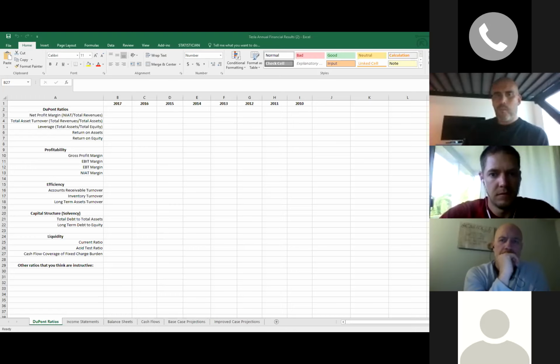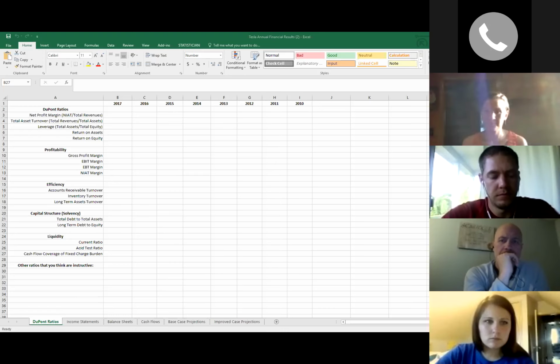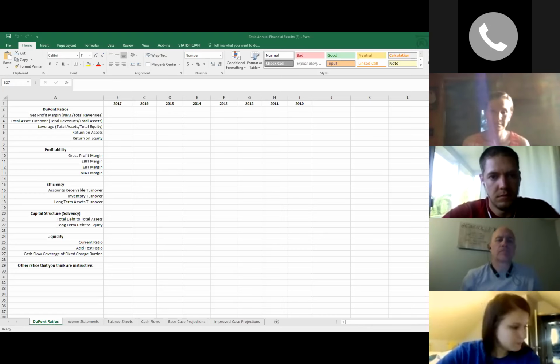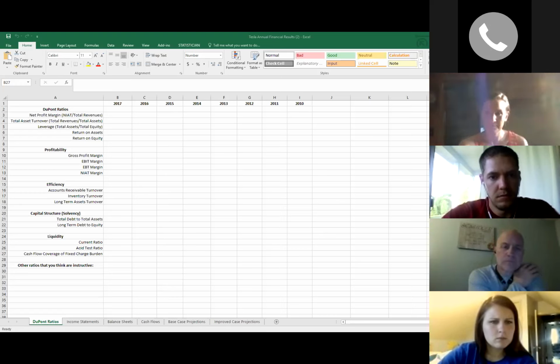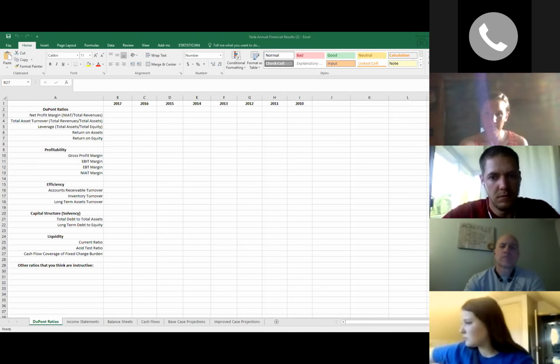What you'll notice, I've gone ahead and put this together for you to use when we're working in the simulation. You'll see all these things that are sitting out here already calculated by formula. Basically, what you'll need to do as we complete each period in the simulation is to plug in the data for net revenue, cost of goods sold, SG&A, interest, taxes, and then all the various margins are calculated.